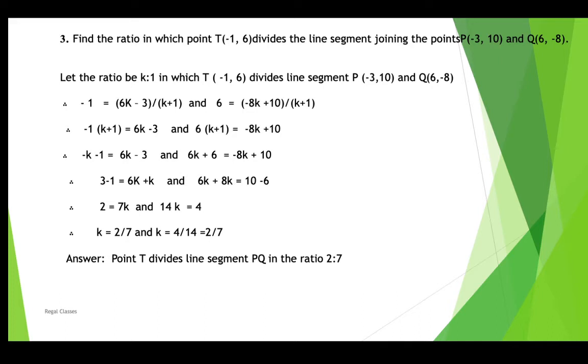So here minus 1 will be equal to, you have to use the formula, k is to 1, so (6k minus 3) divided by (k plus 1), and 6 is equal to, because 6 is the y coordinate of T, (minus 8k plus 10) divided by (k plus 1). And solve these equations. We have to be very careful while solving about signs, numbers, everything, and then you get the result.